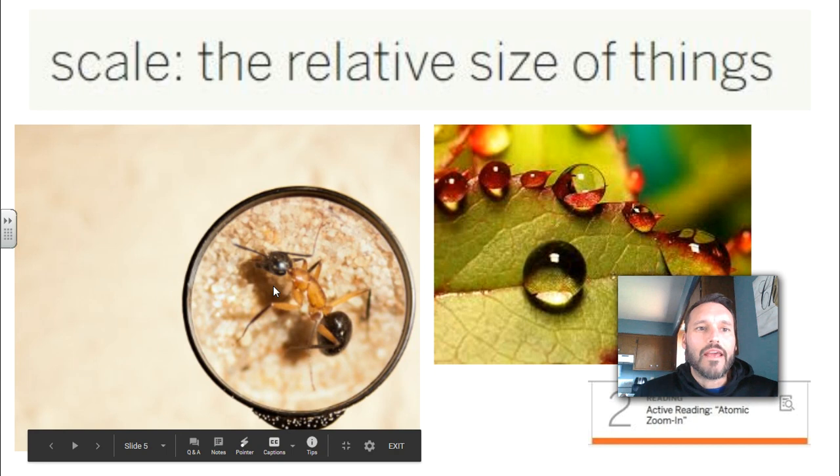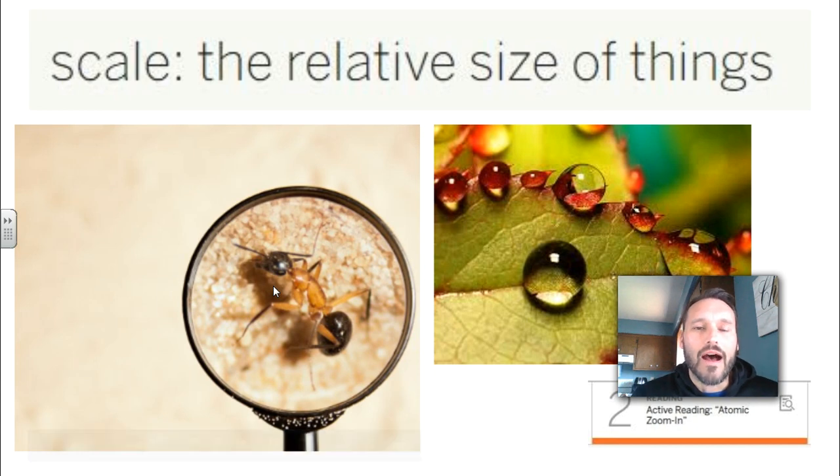And I'd also like you to open up your online notebook, and I'd like you to put the word scale in. In the last unit that we had, we talked about macro scale and we talked about molecular scale. Remember, the relative size of things is different. Macro scale are what we can see with the naked eye. Molecular scale, we talked about, we can't even see that with a microscope usually.